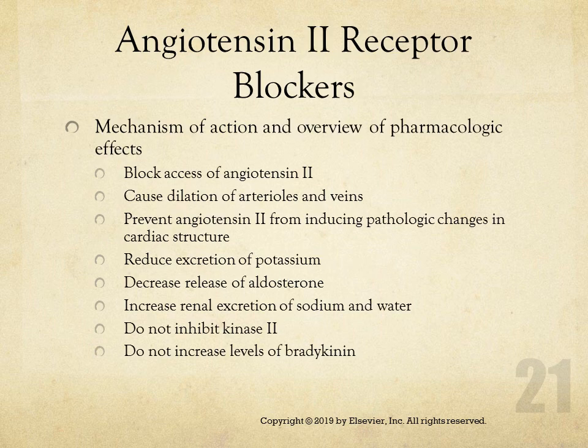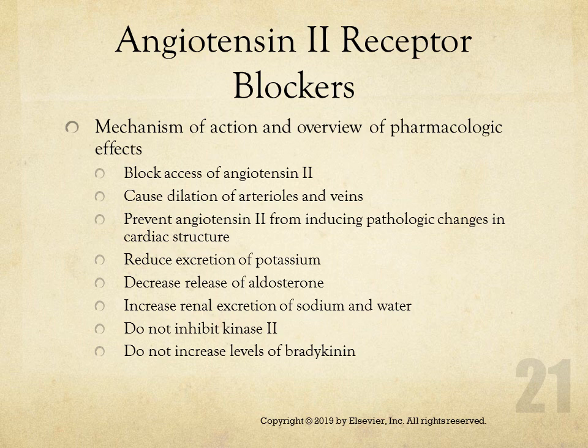So then we move on to our ARBs. For the ARBs, they block the access of the angiotensin II. The difference here, the ACEs actually block the production from 1 to 2, and this blocks the access of 2. It causes dilation of the arterioles in the veins.